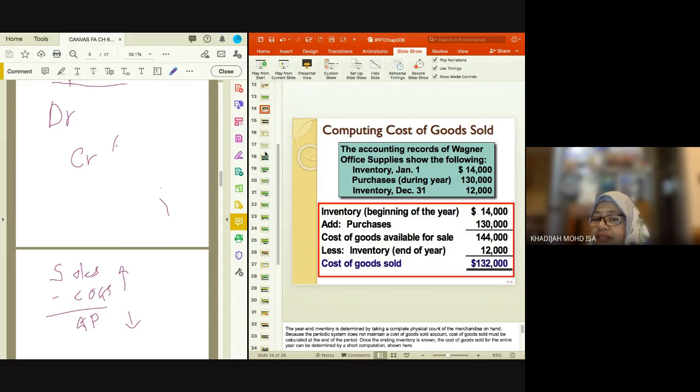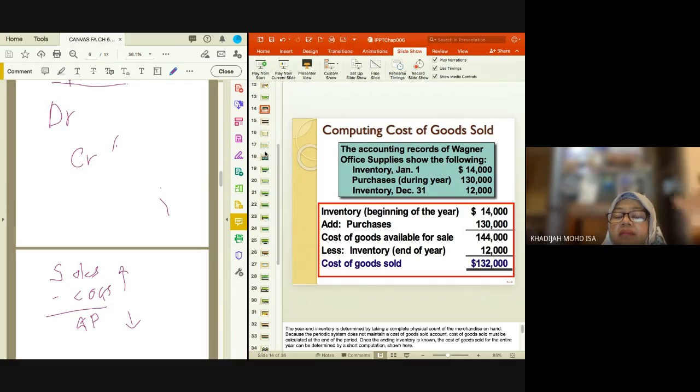It means that at the beginning of the year, you already have 14,000 inventory from the previous year, which you bring to the current year as the beginning balance. Then throughout the year, you have purchases of 130,000. So the total inventory available for sale is 144,000. Does that make sense?